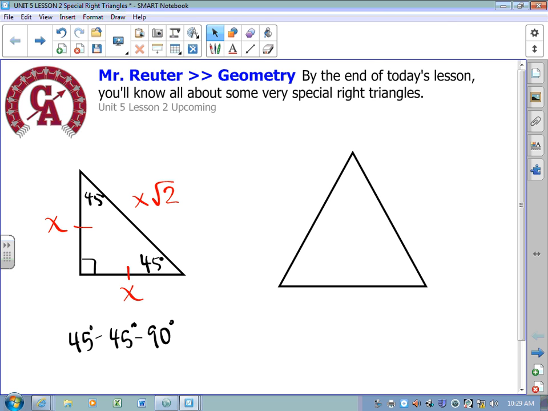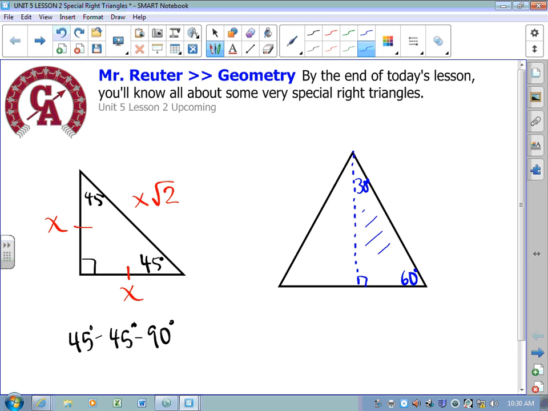And the other special right triangle is the equilateral triangle, because if we drop an altitude down, this is a 60-degree angle, this is a 30-degree angle, so this triangle on the right is a special triangle. Furthermore, let's pretend that all the sides of the equilateral triangle are 2.